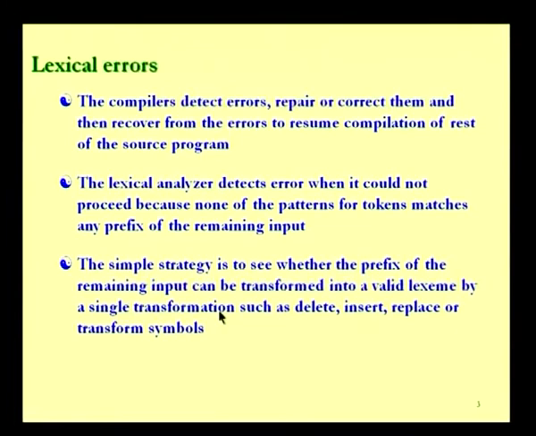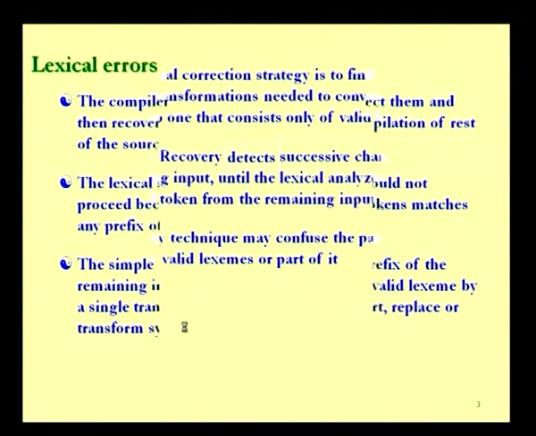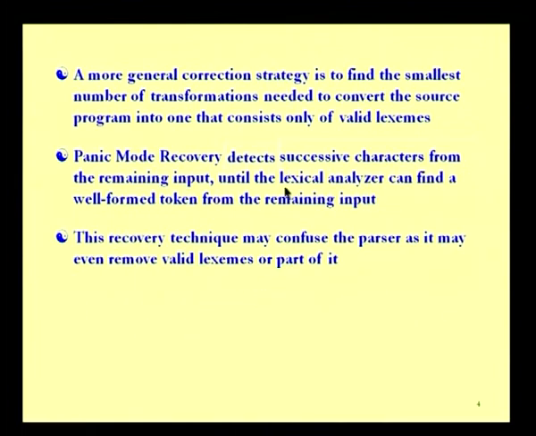It will be a single transformation such as a delete operation, insert operation, replacing, or transposition of two symbols. But what will be the next case? The more general strategy is: we will find the smallest number of transformations needed to convert the source program into one that consists of only valid lexemes.